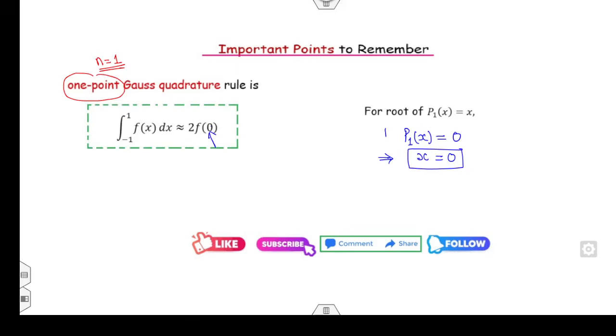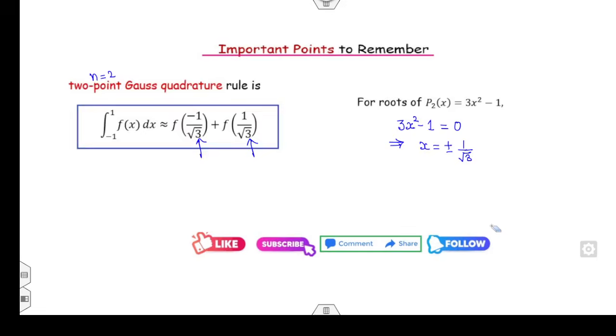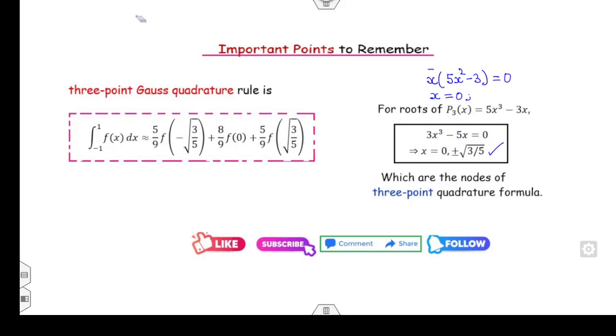So that is a typing error here. The exact expression is 5x cube minus 3x equals 0. So x is common, and x is 0 or plus minus root 3 by 5. You can see the values of xi.